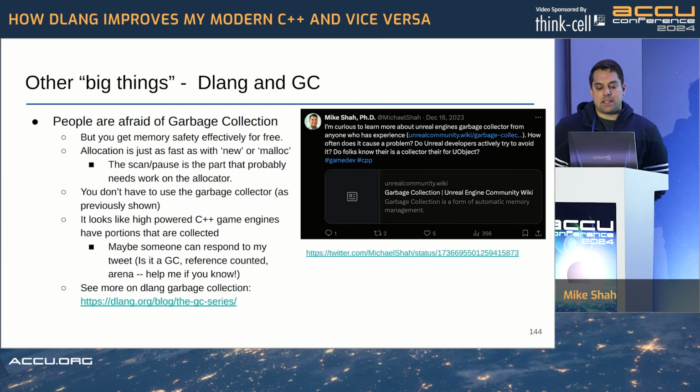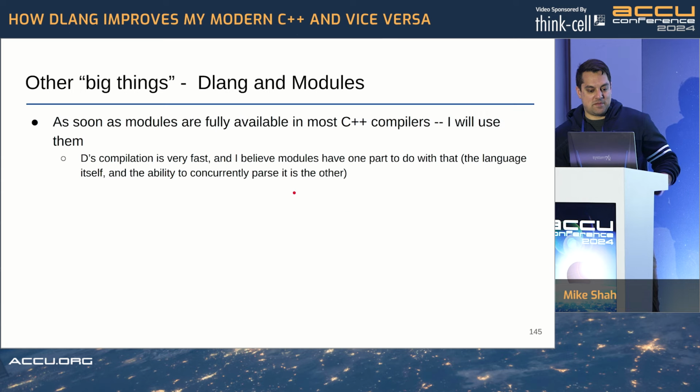And it's interesting to see C++ game engines, a domain where stop-the-world collections and so on aren't really a great option, still use garbage collection. I'm still waiting for someone to answer my tweet: why are they using garbage collection when everyone says it's really bad? So someone will answer maybe.